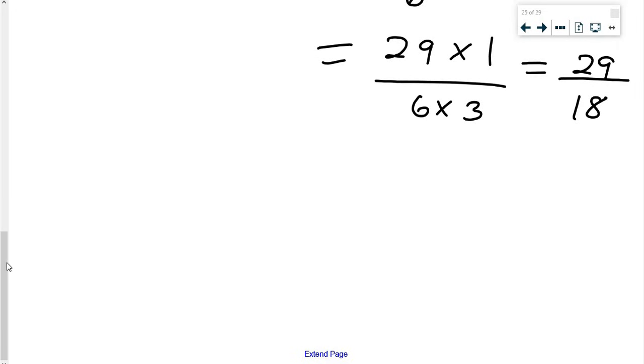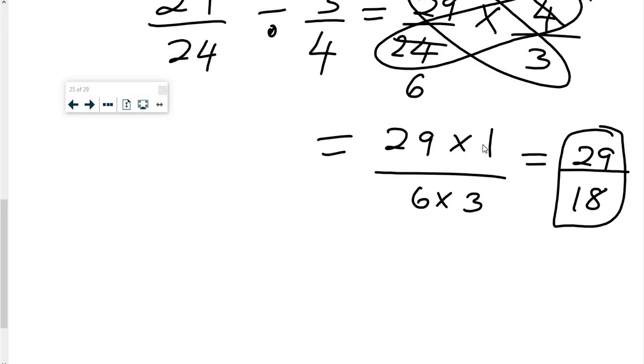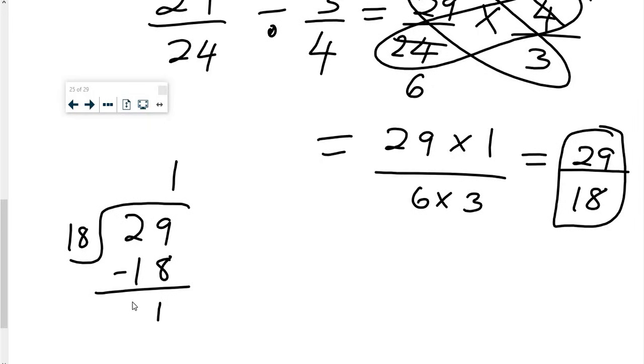Now, to know how many jars will be filled completely, you need to divide this into a mixed number. 29 divided by 18. You will have 1 here, 18, subtract here, 11.